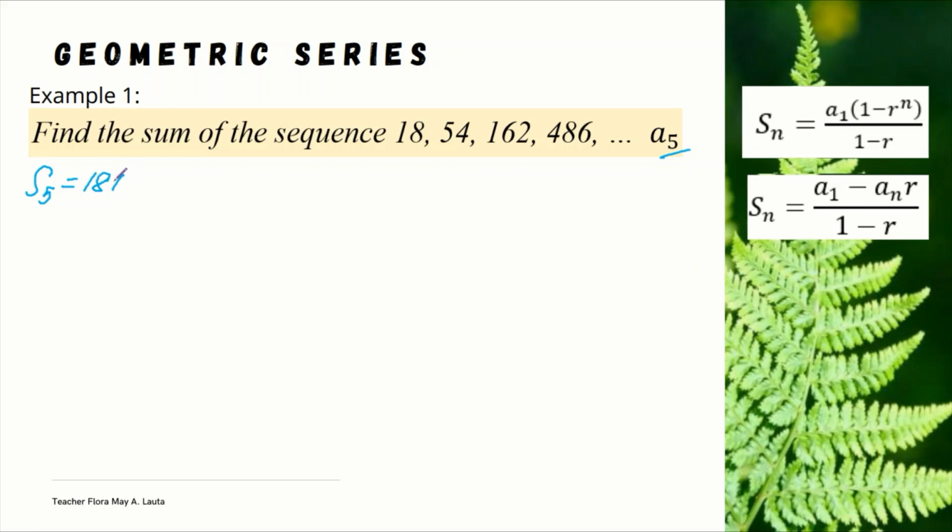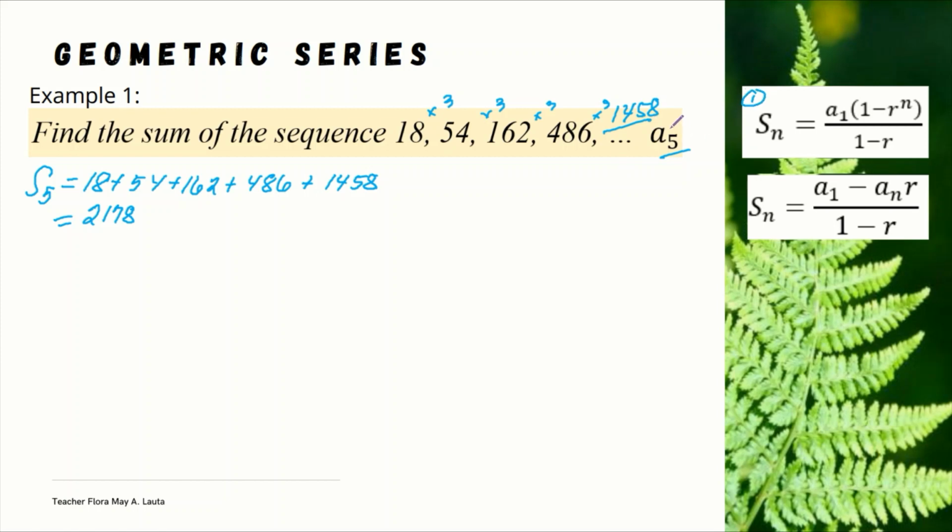That's 18 plus 54 plus 162 plus 486, and we know that the next term here will be 1458 since each term is multiplied by 3, right? So plus 1458. If you add them, the total should be 2178.